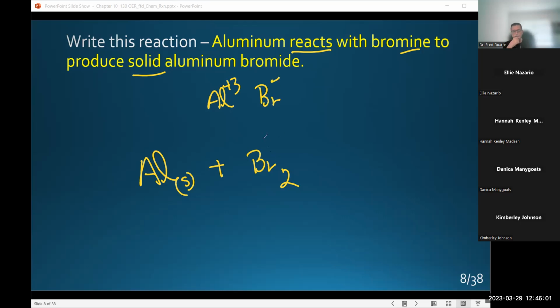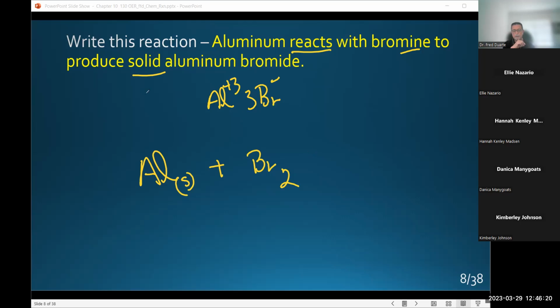It's in group 7. When it becomes an ion, it will have gained 1 electron and have a net -1 charge. So those are our ions for aluminum bromide, and you can see that we need 3 of the bromides to cancel the positive 3 of aluminum.